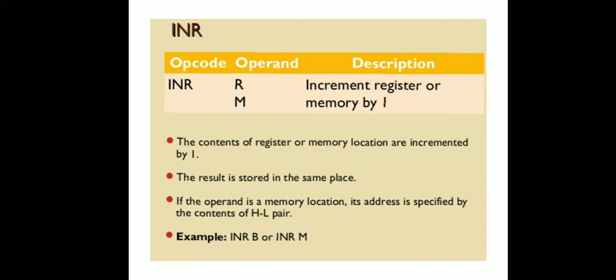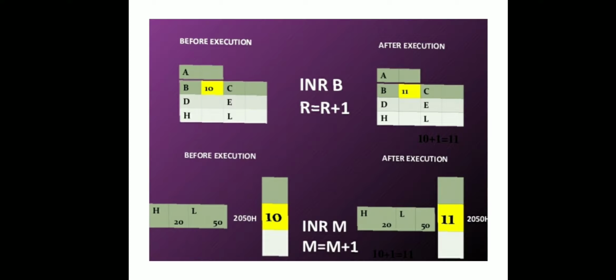And again, if the operand is memory location, its address is specified by the content of HL pair. For example, INR B. After execution of this instruction, the content of register B is incremented by 1 and is stored in the B register.